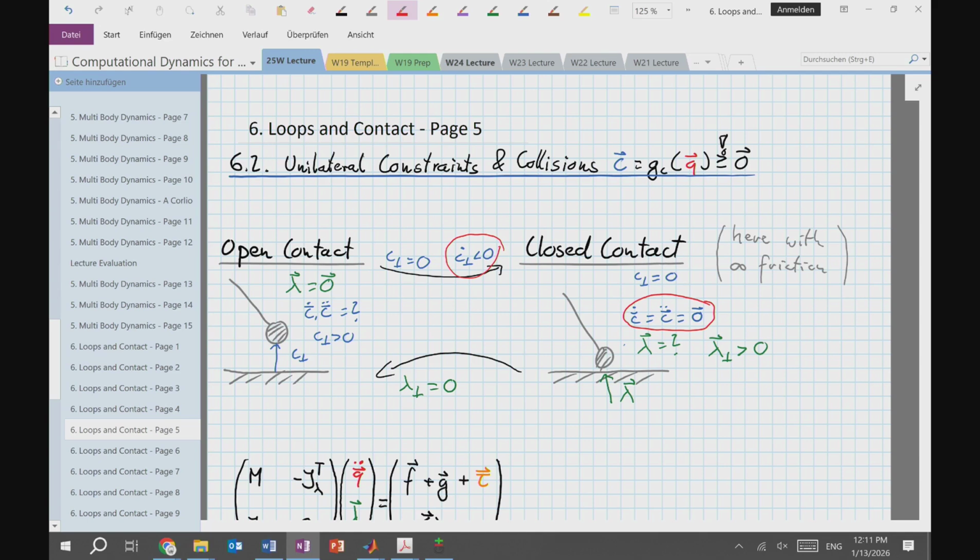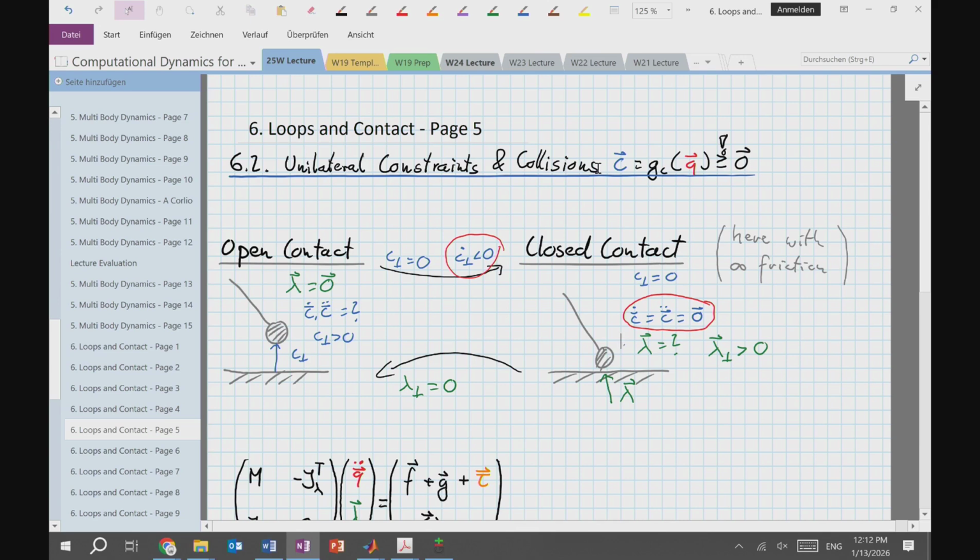There's no deformations or anything. It basically means that I need an instantaneous change in velocity. I'm going from open contact with some negative velocity component to closed contact with a 0 velocity component in 0 time. And this is what we would call a collision, right?